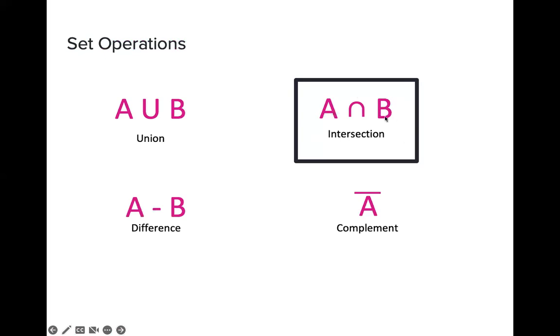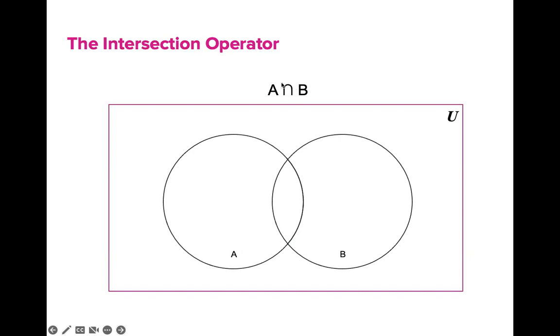Now let us move on to the set intersection. The set intersection is denoted by this symbol that simply flips the U-shaped symbol vertically, so we get the intersection.